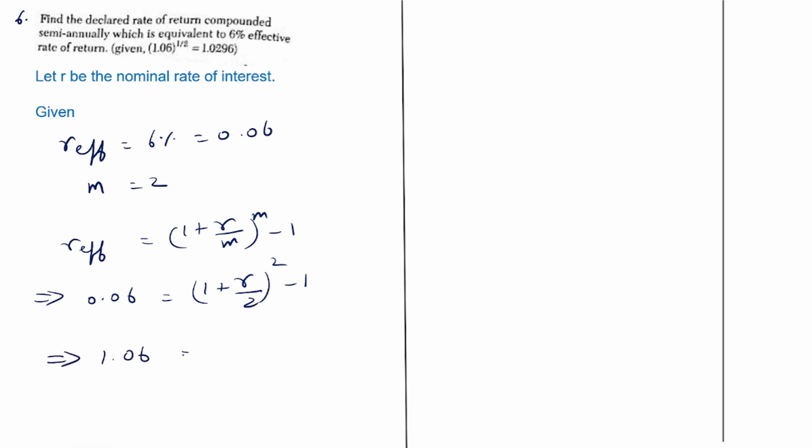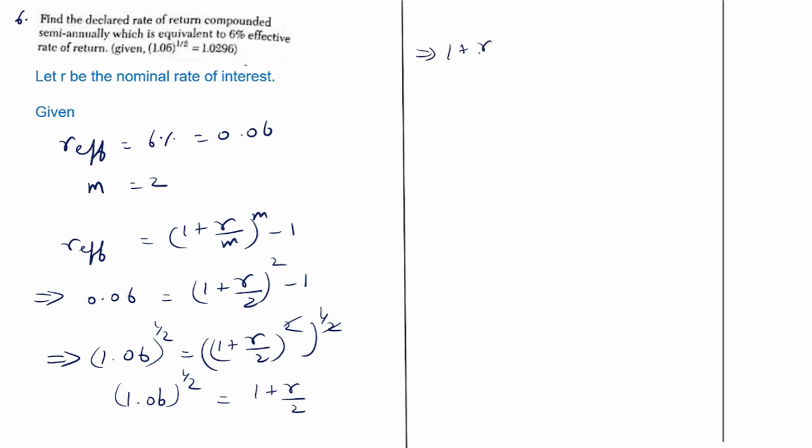Here 1.06 equal to (1 plus R by 2) the whole square. We can raise both sides to the power half. Here we will have 1.06 the whole raised to half, equal to 1 plus R by 2. Or we get 1 plus R by 2 equal to 1.06 the whole raised to half.